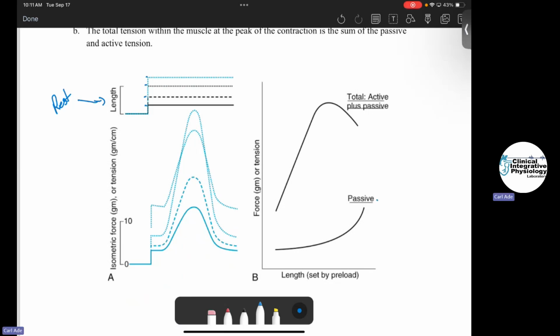And that's what gives me this passive curve: as I stretch and increase its length, at some point I start generating a little bit more force, and that gives me this passive curve here. The same way as I take a rubber band, I stretch it a little bit, it's a little bit of force. Once I really stretch it, now there's a lot of force trying to pull it back in. So the same thing happens with our cardiac tissue.